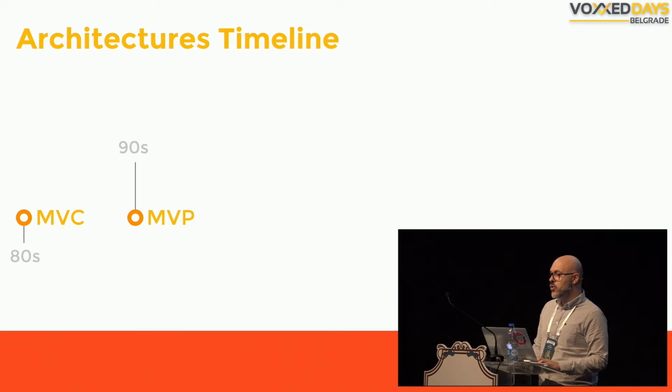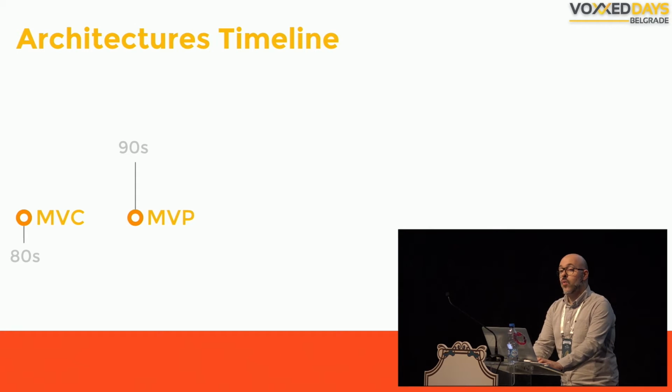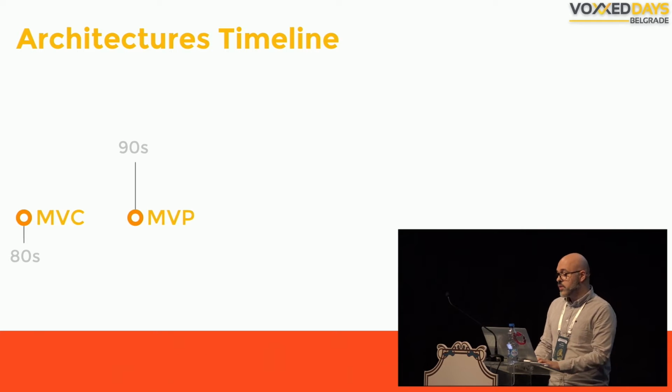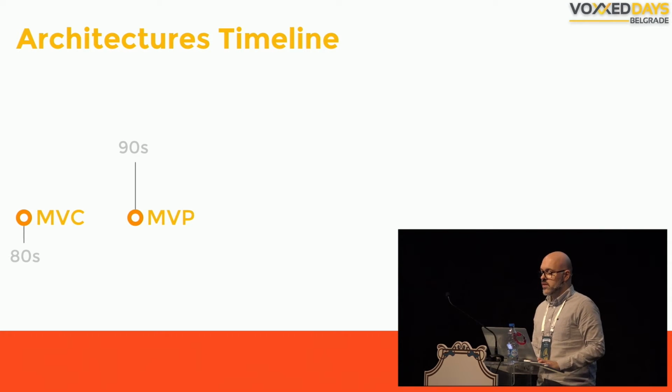So the only way to communicate between these 2 worlds, between the model and the view, is through the presentation model. The interesting part of the presentation model, in particular if you work in cross-platform applications, is that the presentation model has a lot of responsibilities. And that also means that the presentation model is able to interact with the view.